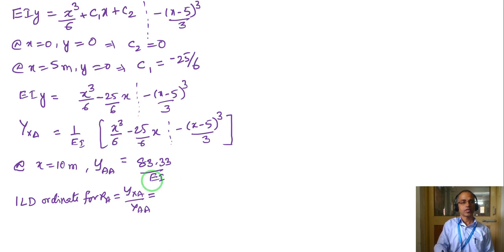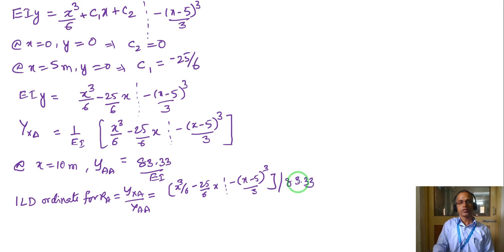The EI gets cancelled, so it is x cube by 6 minus 25 by 6 x minus x minus 5 whole cube by 3, whole divided by 83.33.